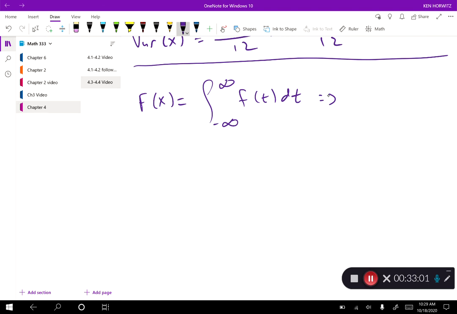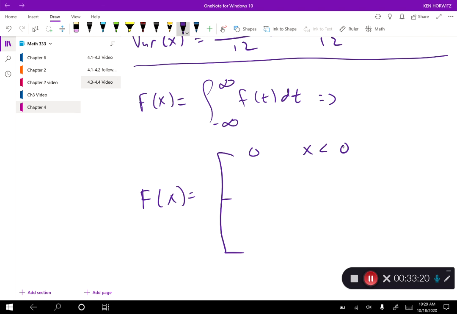We are going to need 3 regions for our big F. It's going to be 0 when x is less than 0, undefined.